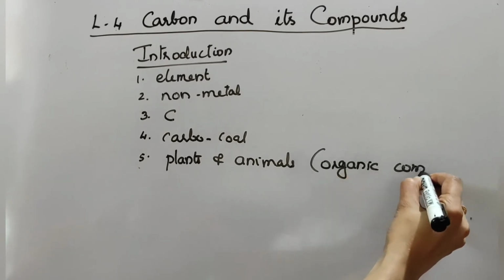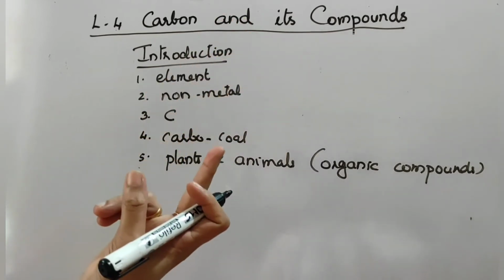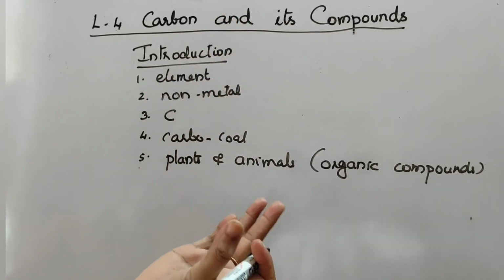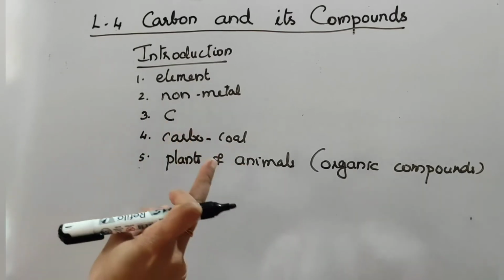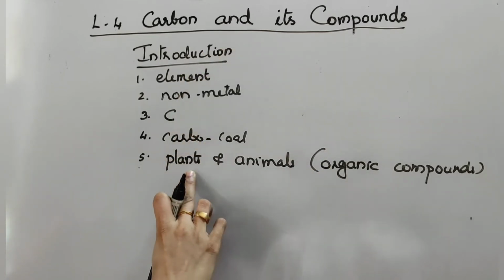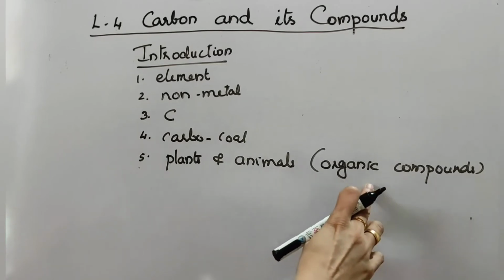This lesson, carbon and its compounds, is the organic chemistry part. How can we say that it is organic chemistry? It is related to carbon and hydrogen. That's why we call it organic chemistry. So all plants and animals, all living things that are made up of carbon compounds, are known as organic compounds.